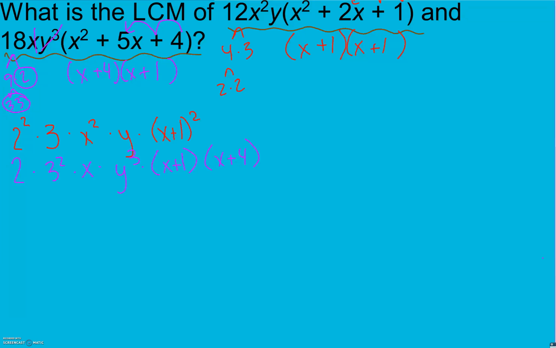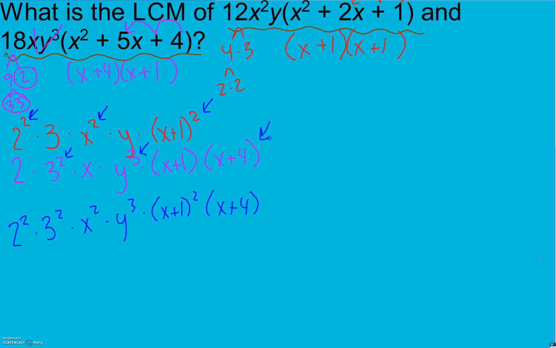To find my least common multiple, I look at each column and I pick the factor with the highest exponent. I have 2 squared times 3 squared times x squared times y cubed times x plus 1 squared times x plus 4.